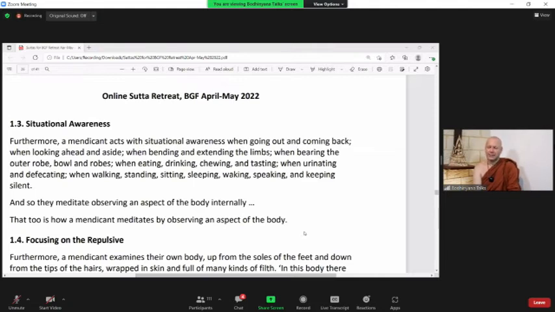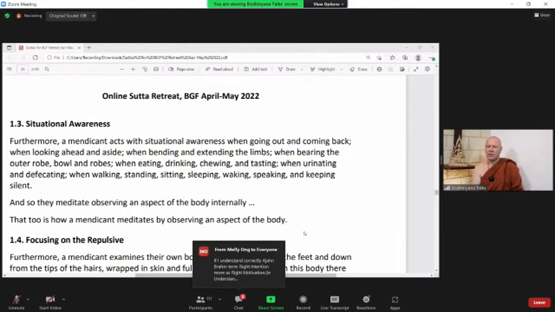About, remember I said about is a better translation, about going out and coming back, about looking ahead and aside, about bending and extending the limbs, about bearing the outer robe, bowl, and robes, about eating, drinking, chewing, and tasting, about urinating and defecating, about walking, standing, sitting, sleeping, waking, being awake, speaking, and keeping silent.